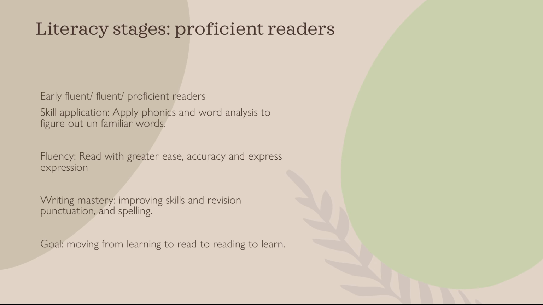Our next slide presents the literacy stages, proficient readers. This is including early fluent and proficient readers. Skills of application. This applies phonics and word analysis to figure out unfamiliar words. Fluency.